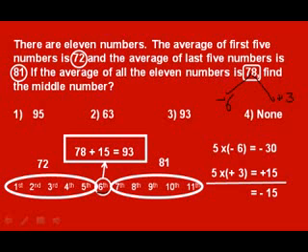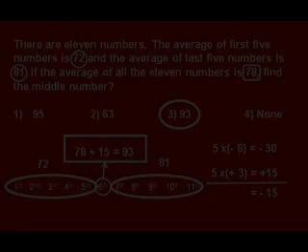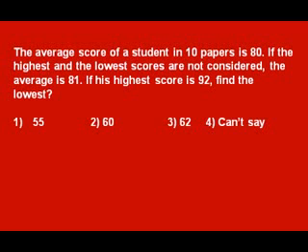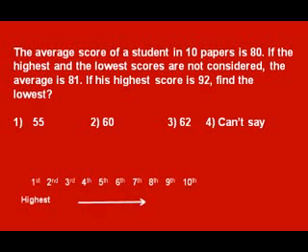Now let us see one more example. Again, the average score of a student in 10 papers is 80, and if the highest and the lowest scores are not considered, the average is 81. So let me write down all the numbers in descending order, the highest being the first number and the lowest being the 10th number.